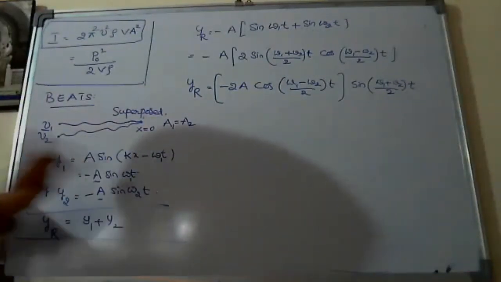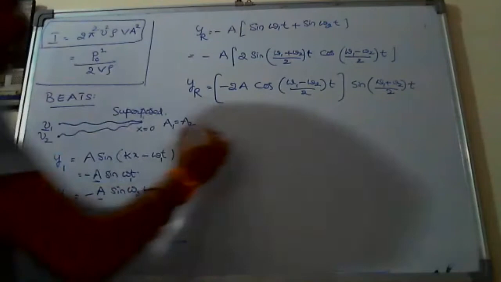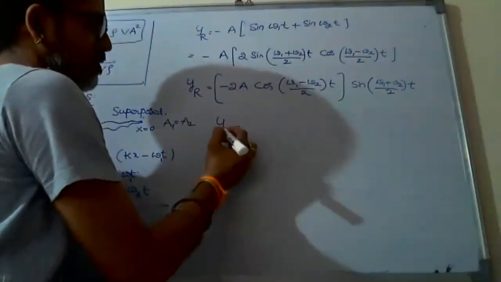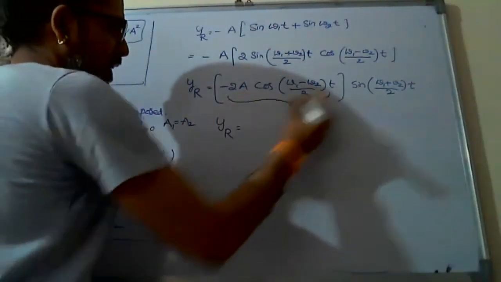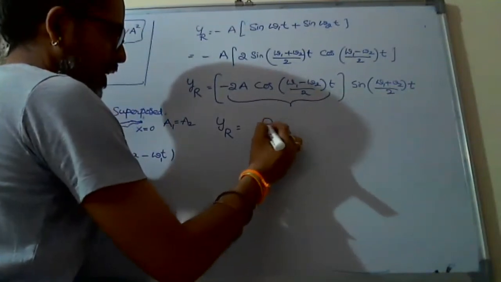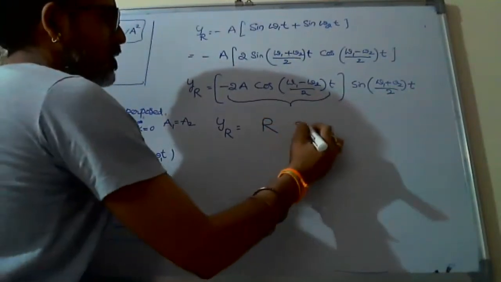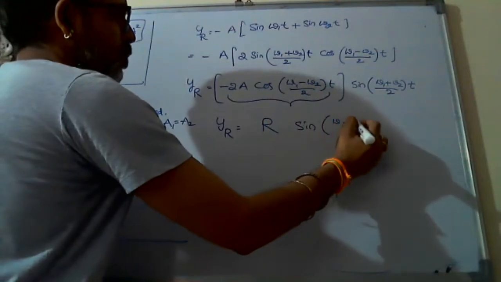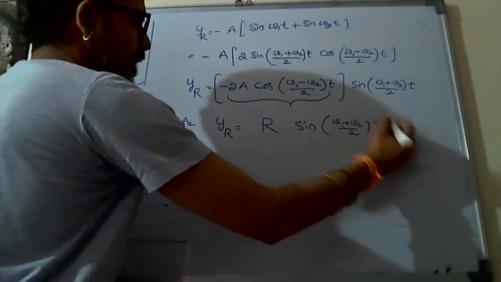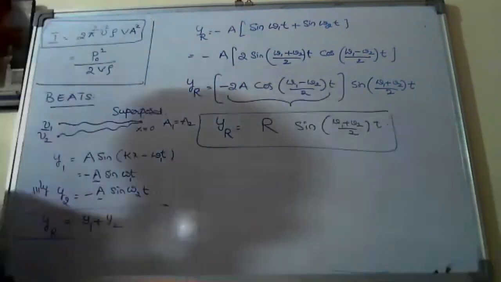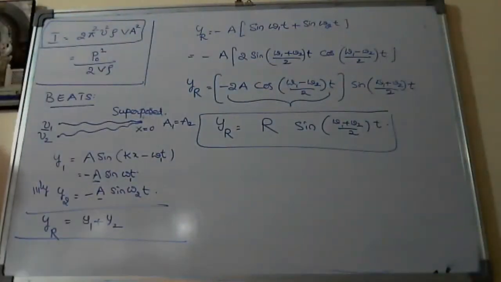Since I took both as sine functions, I write the resultant as the total thing. I take the cos term as the resultant amplitude, times sin((ω1 + ω2)/2 × t). This is the equation I got after adding those two.